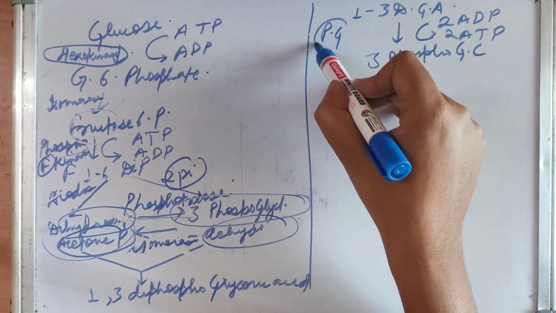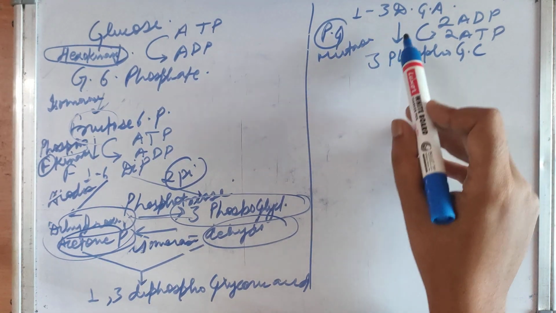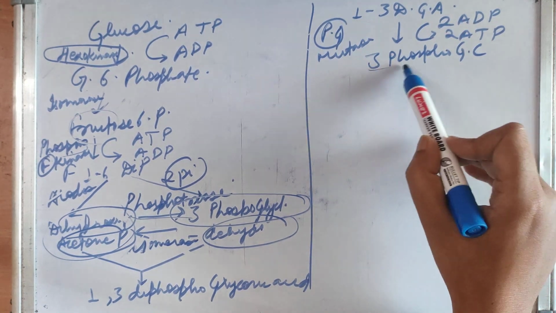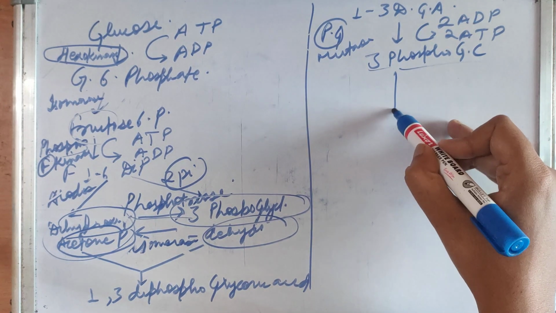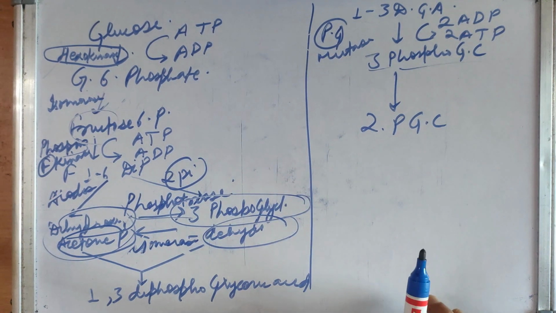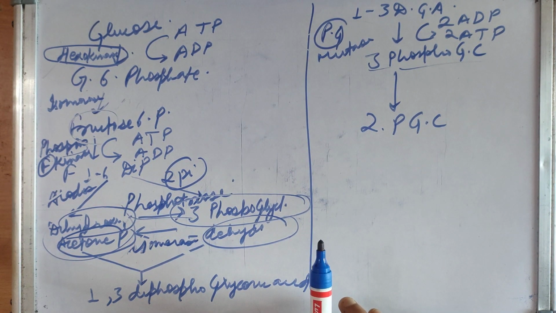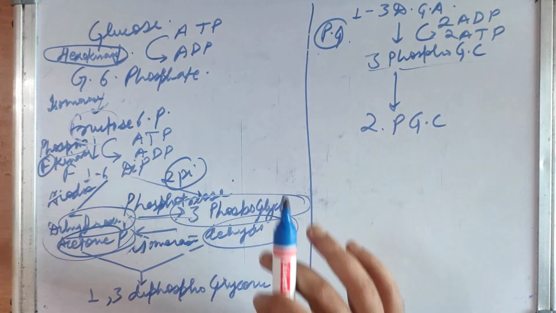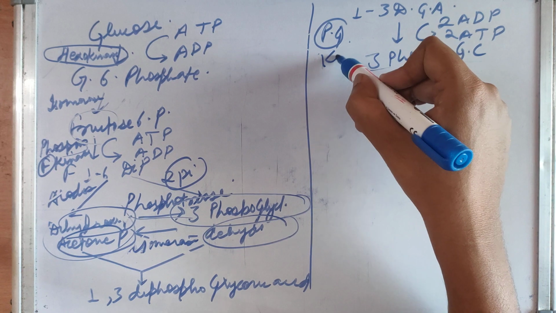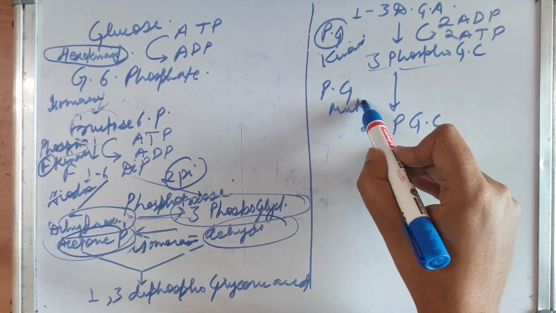From phosphoglyceric it comes phosphoglycero, and it is kinase, and it converts 1,3-diphosphoglyceric acid to 3-phosphoglyceric acid, and then this 3-phosphoglyceric acid is converted into 2-phosphoglyceric acid, and here the enzyme used is phosphoglyceromutase. Sorry for the confusion.